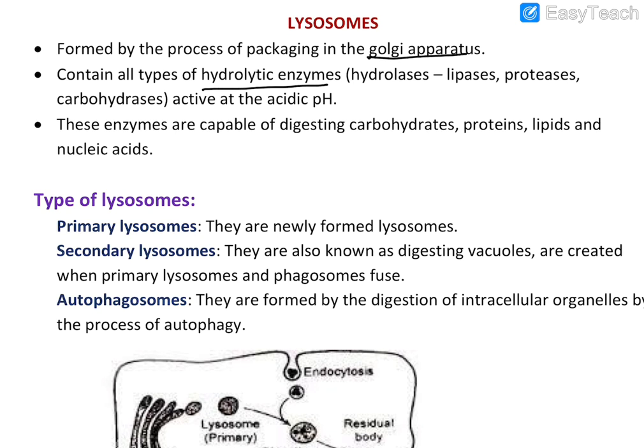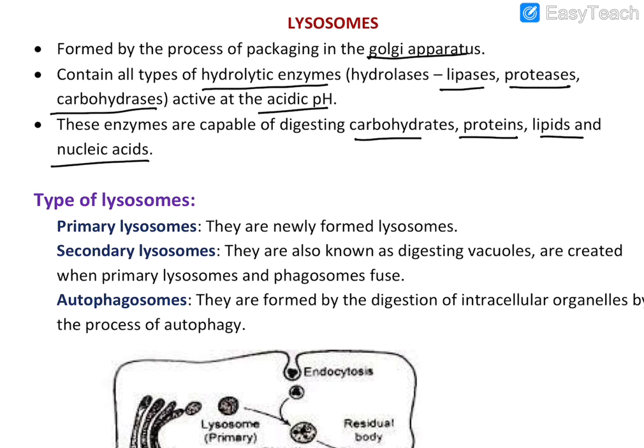All these enzymes are active at acidic pH. The enzymes that break down proteins, lipids and carbohydrates are called proteases, lipases and carbohydrases.